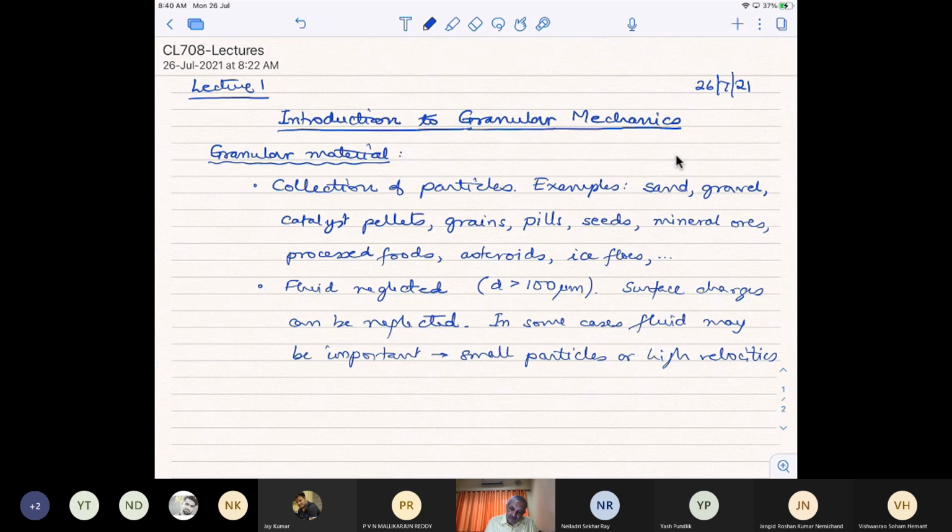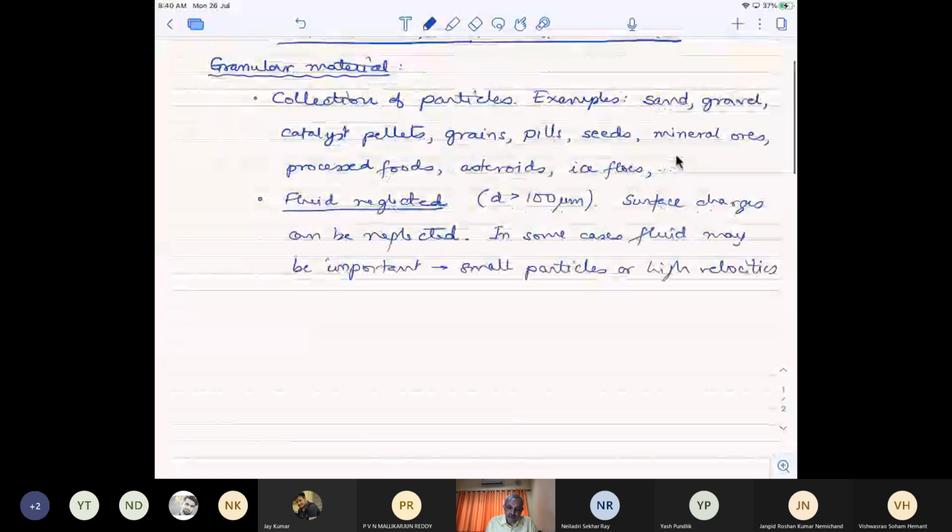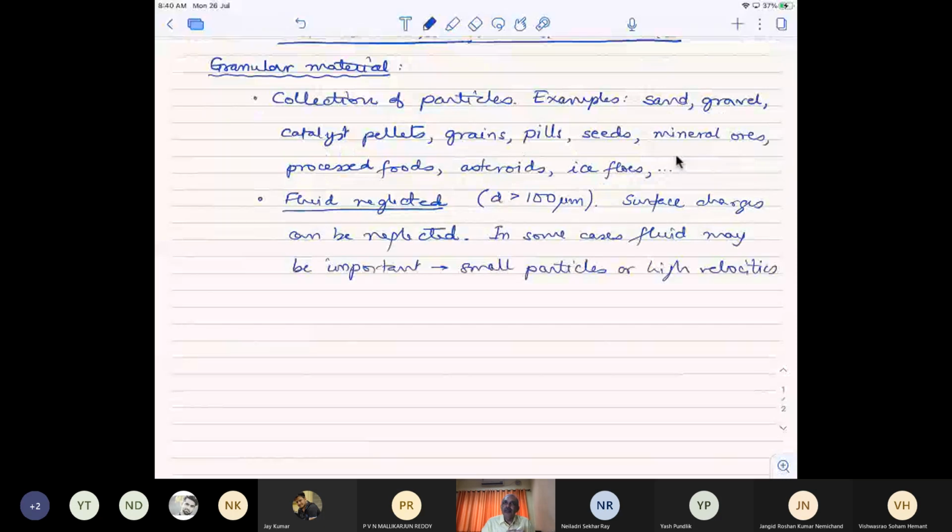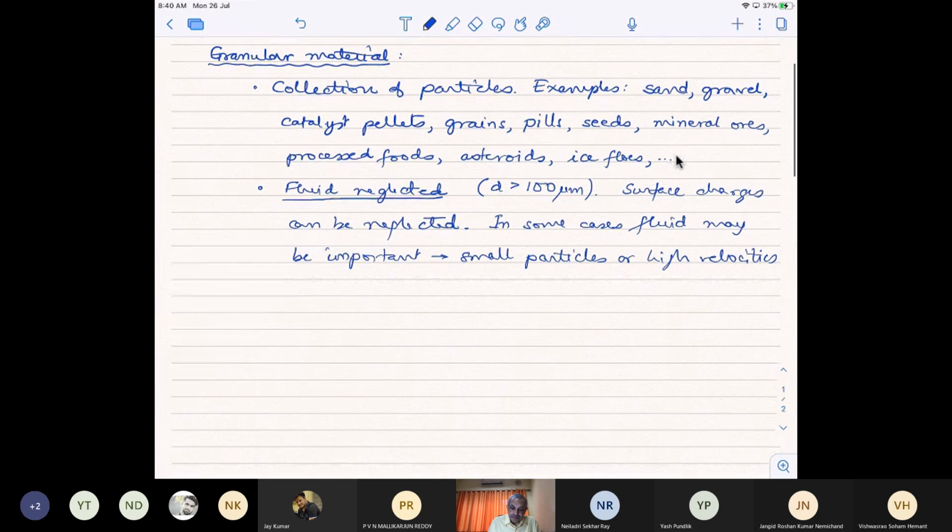So in most of what we are going to study, we'll neglect the fluid, but perhaps in some small way we may study the effects of fluid towards the end of the course. Okay, so for most part of the course, we just imagine that these particles are moving around in a vacuum.